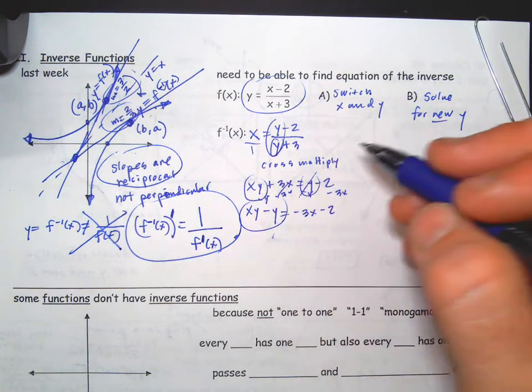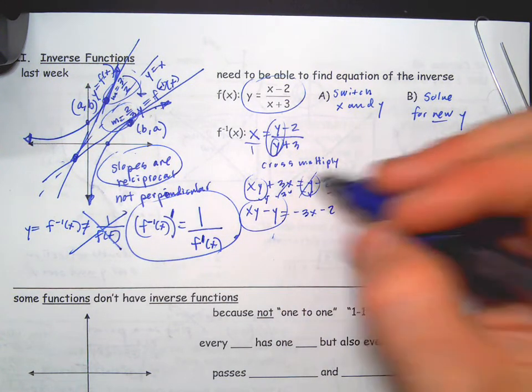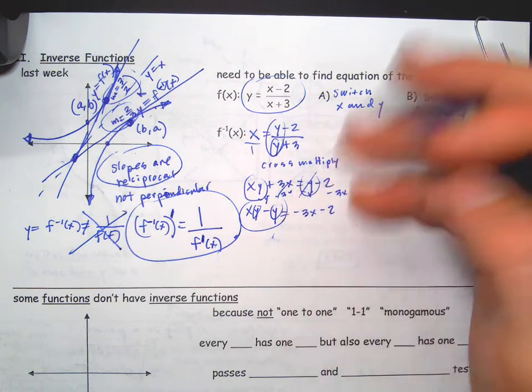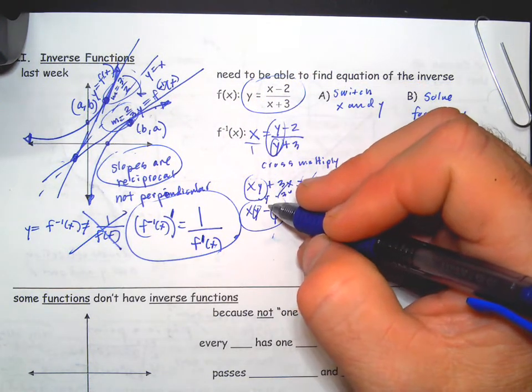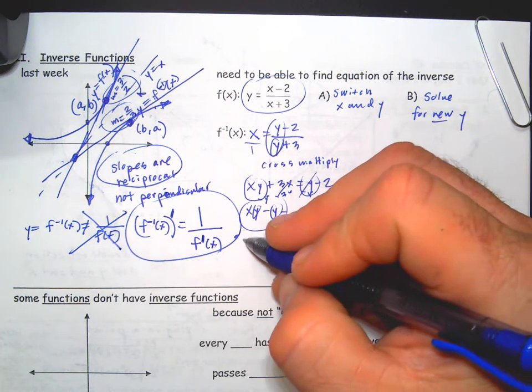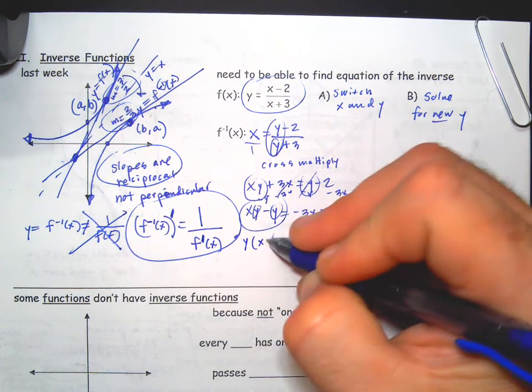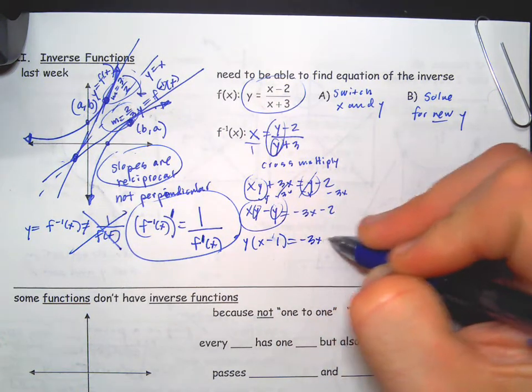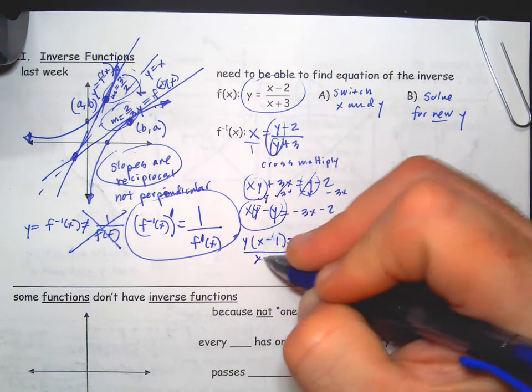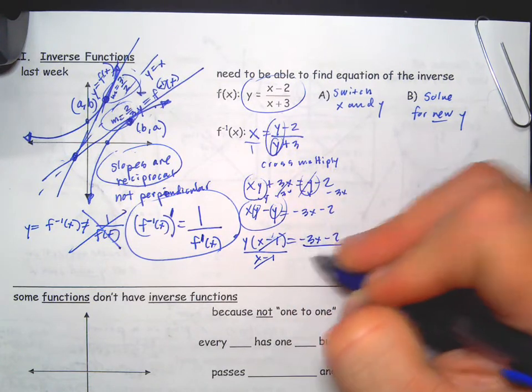Now, if you're trying to solve for something, you have multiple terms involving that thing you're trying to solve for, you want to combine them together as like terms, but the coefficients here are not like terms. So we need a trick. What we're going to do is factor the y out of both of those so that we can eventually get y by itself. And then we divide by x minus 1, whole thing.